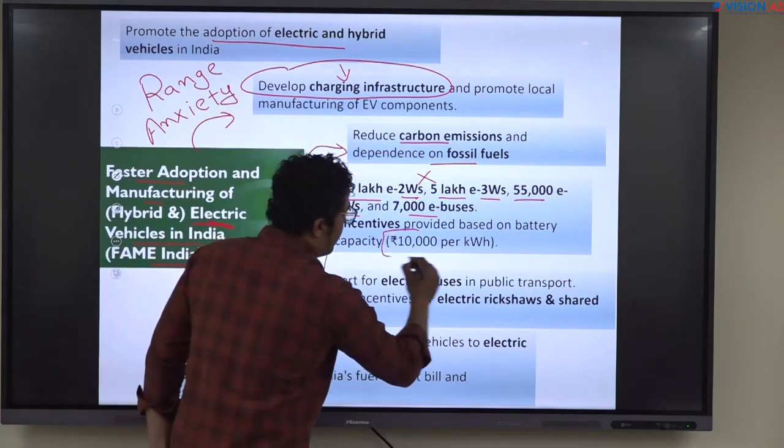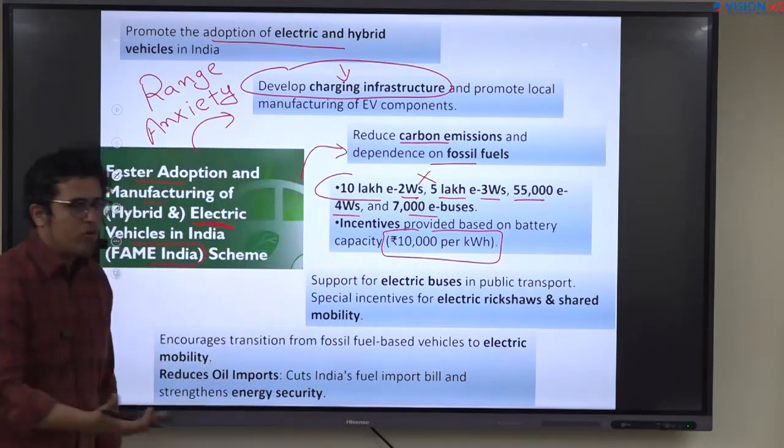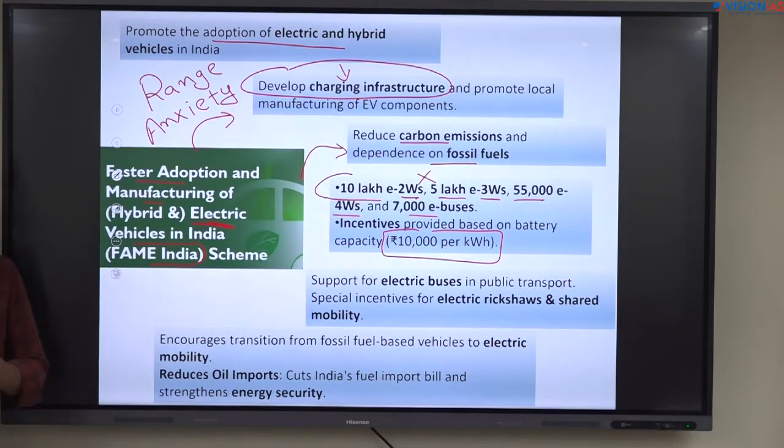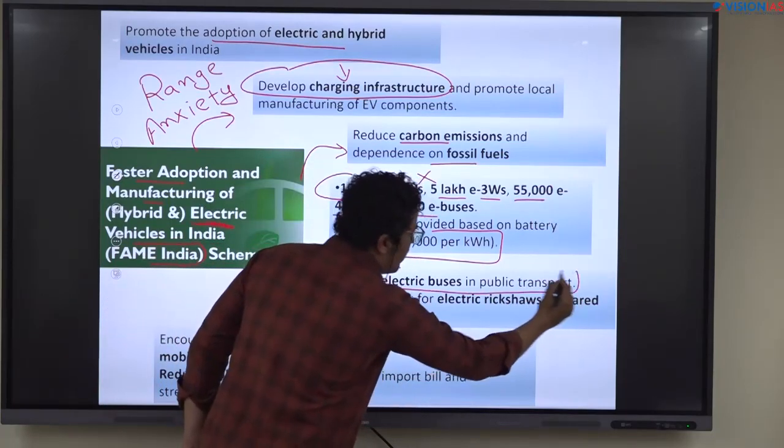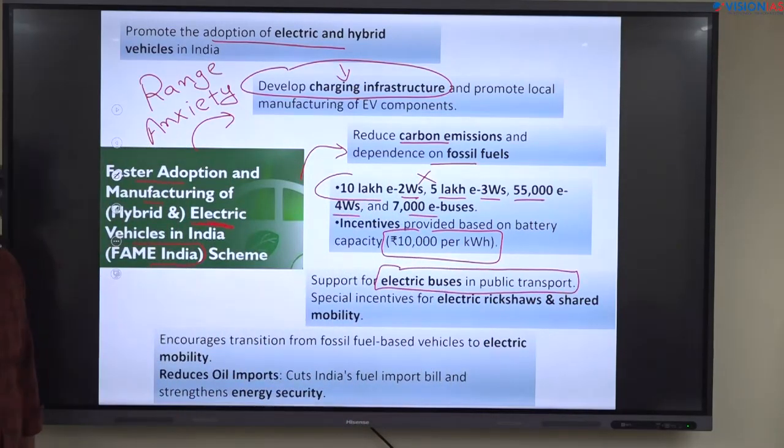This is the incentive that we want to give, the subsidy that we want to give, or 10,000. Under this, the subsidy would be given, incentives would be given, per kilowatt hour of battery capacity. Also, electric buses would be used in public transport. Right now you see diesel buses going around in cities.